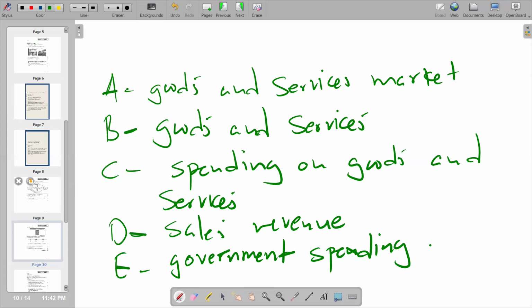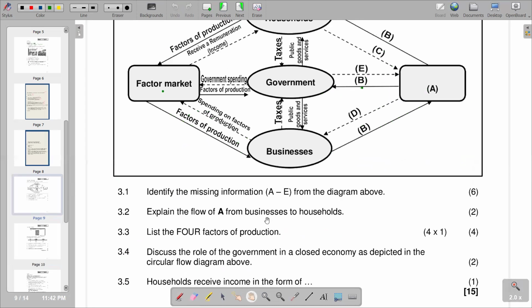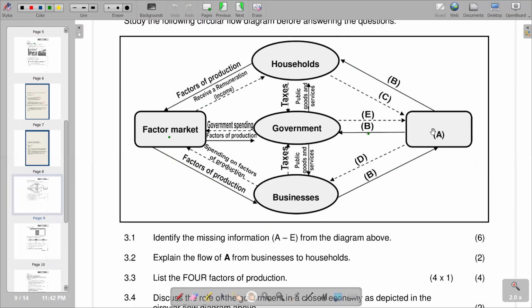Then we move on to the next part of our question, which is 3.2. It says explain the flow of A from businesses to households.